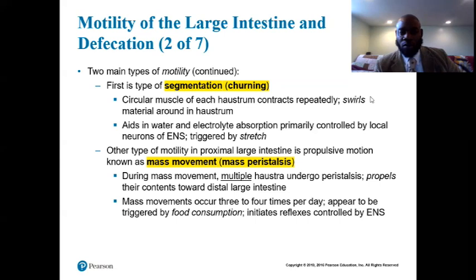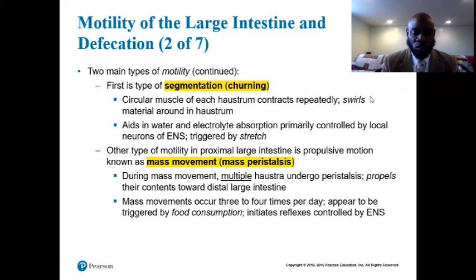We have another type, mass movement, mass peristalsis, which is like a propulsive motion. So propulsion, moving things along, all right? During mass movement, multiple haustra undergo peristalsis, propelling their content toward the distal large intestine. So it's just pushing this soon-to-be fecal matter right along.